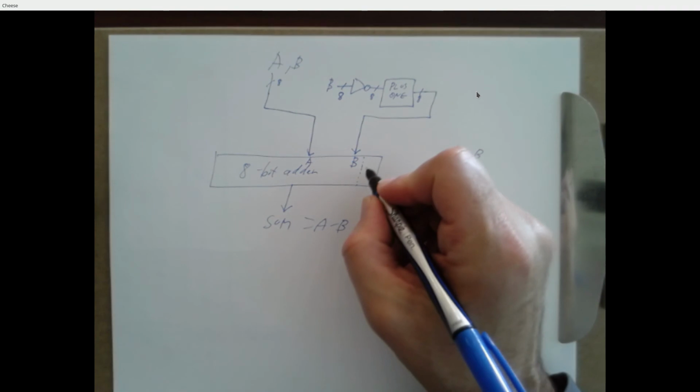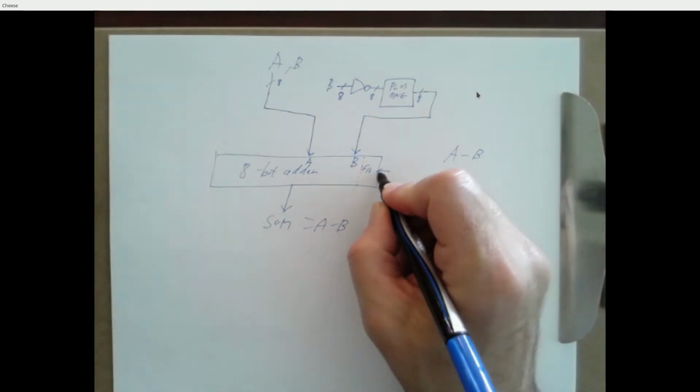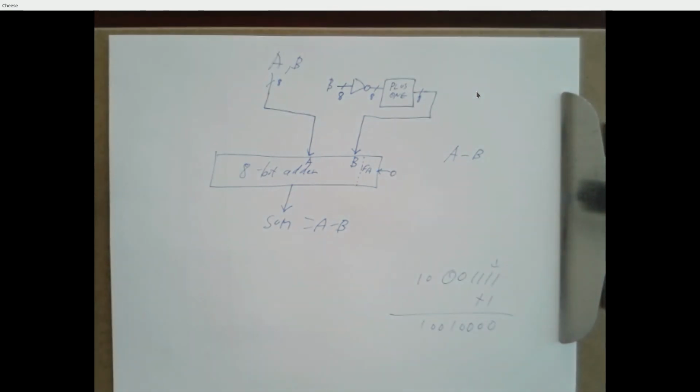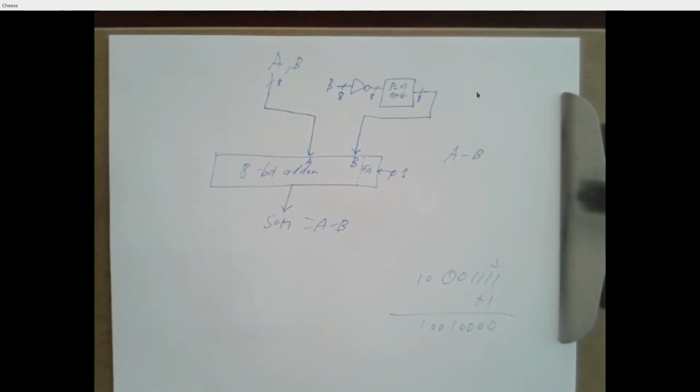Suppose I make this a full adder again. Forget about the half adder thing. So you've got a full adder, and normally we put a 0 in there. What happens if I put a 1 into that first full adder's carry in? I've incremented my sum by 1.